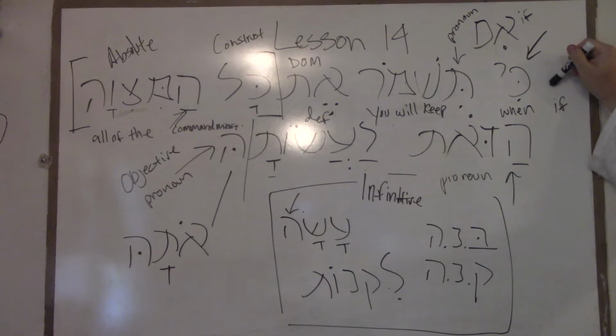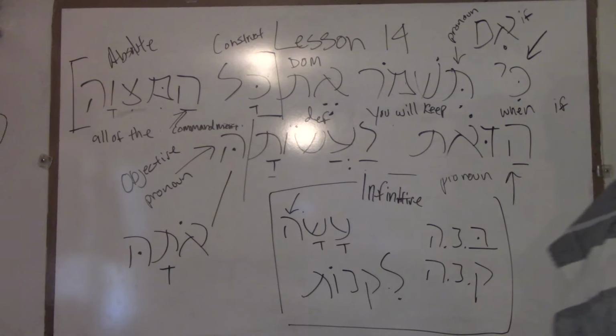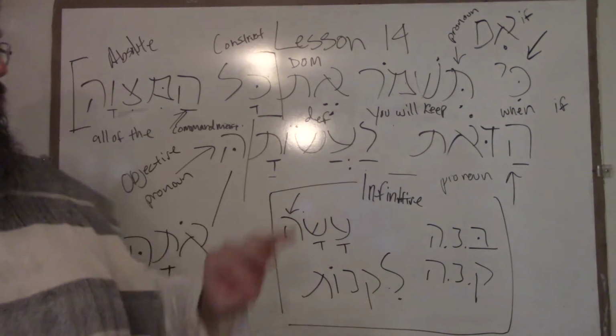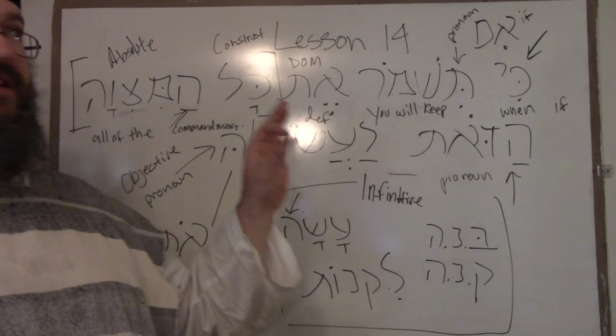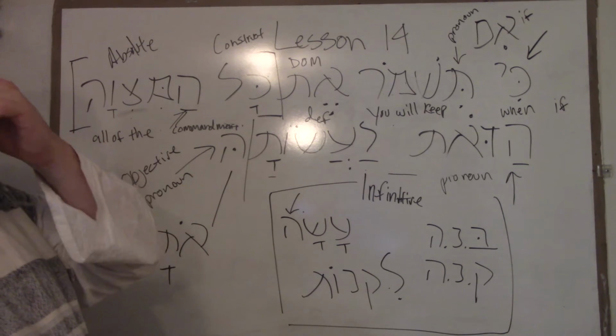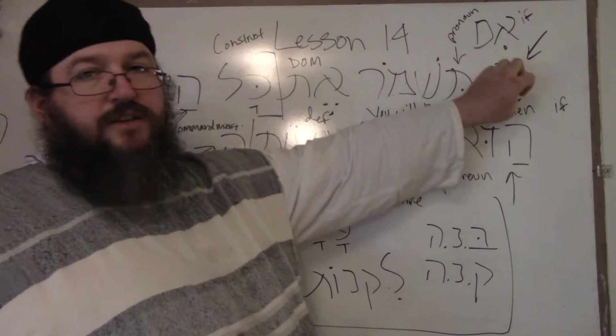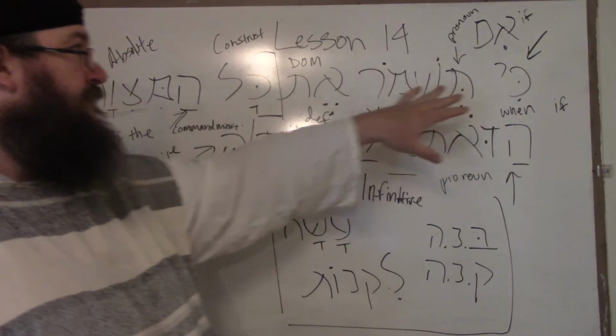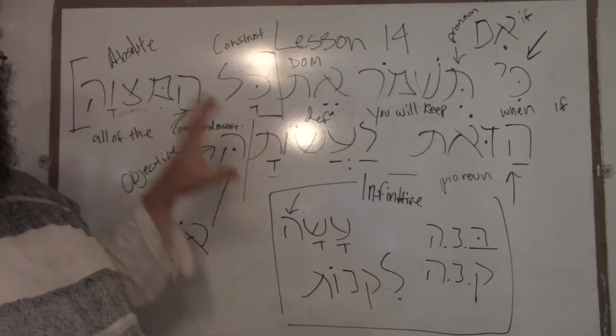If they translate it as if in your Bibles, you have to understand that somebody's changing ki to mean im. It's not incorrect to do this, because if we're trying to figure out the context of the sentence, and it makes sense to use im rather than ki, you have to understand we're changing ki to im, and that this follows the context.